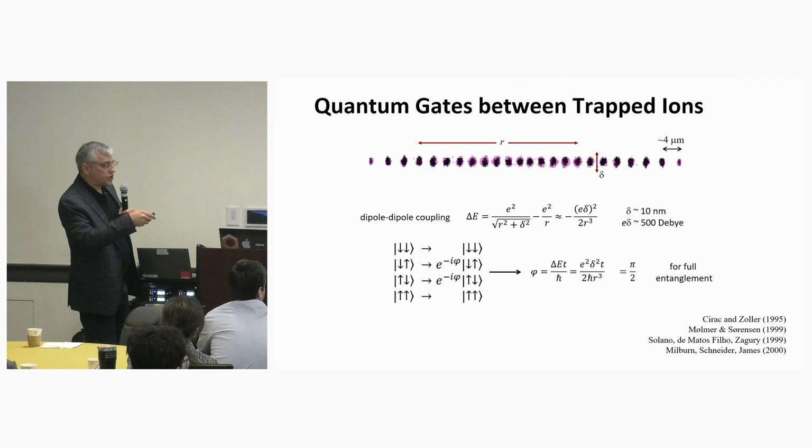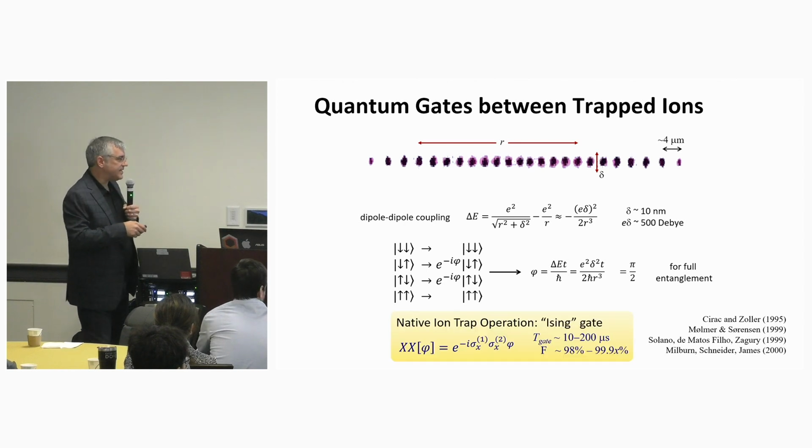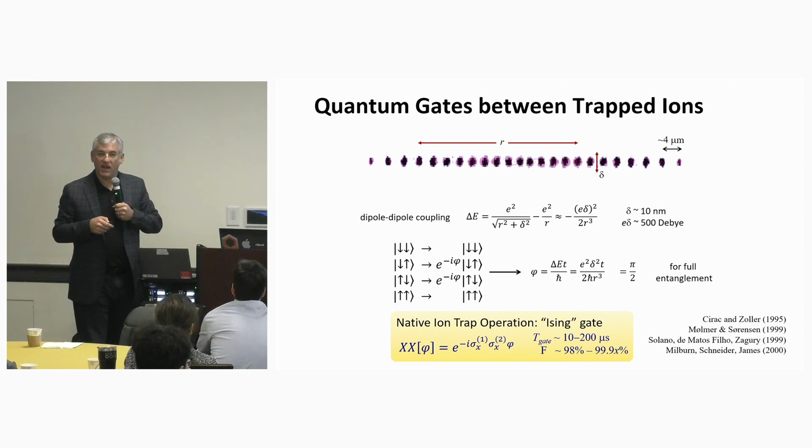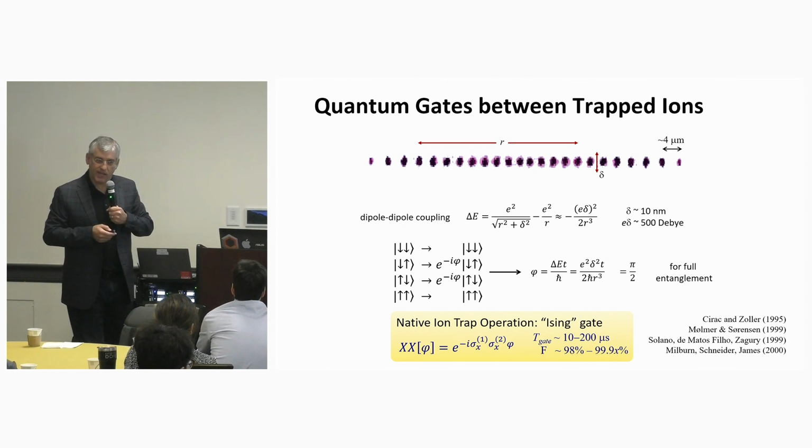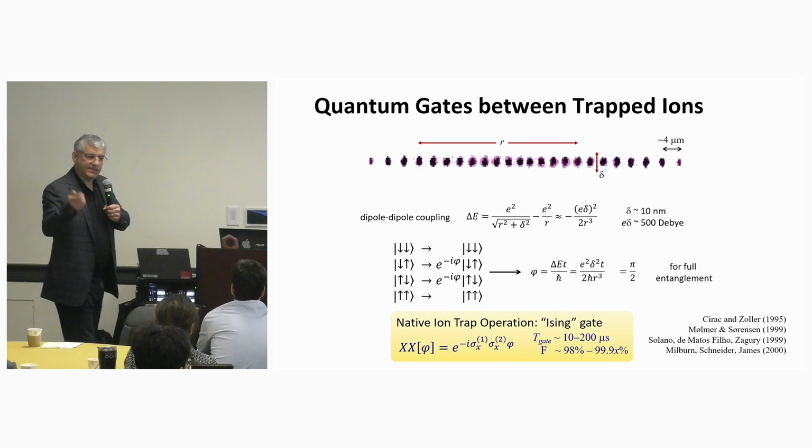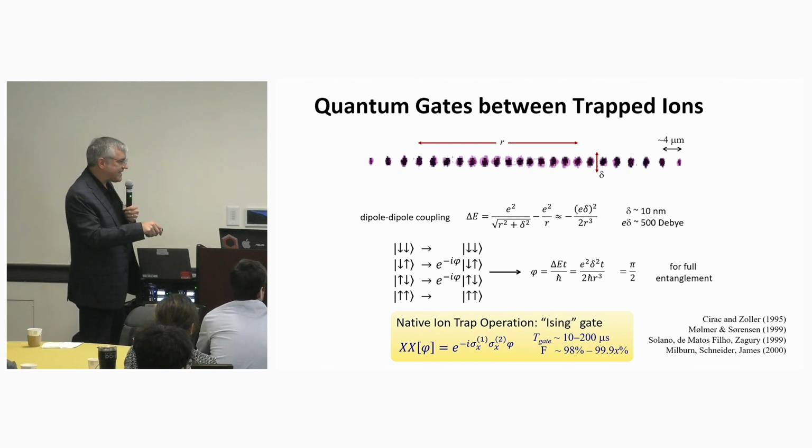Now, 2 shortcuts I made in that discussion. One not so obvious, one I think most of you already are wondering about. The one that's not so obvious is that the most natural way to do this state-dependent force is to do the state dependence along the x-axis of the Bloch sphere. That's okay, it's still as expressive. We call them XX gates sometimes.